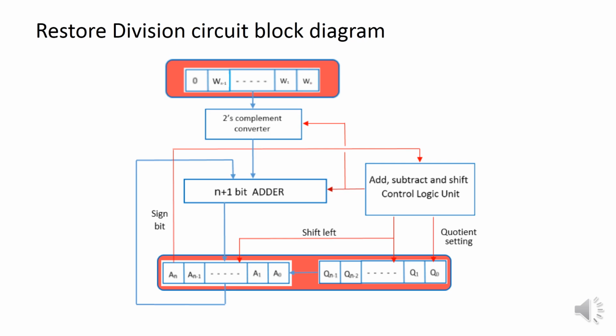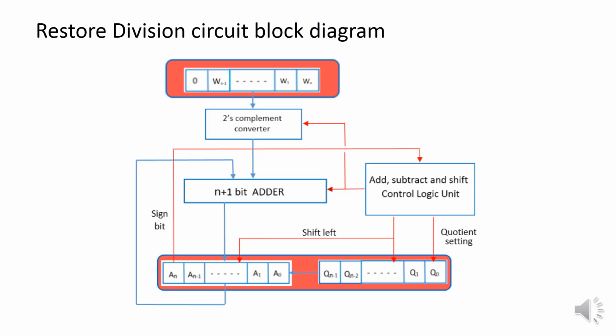This is the control unit that controls the adding, subtracting and shifting. The control unit sends the shift left signals to the registers A and Q.